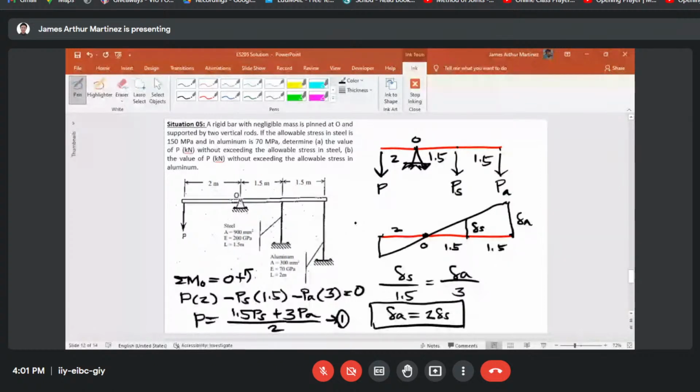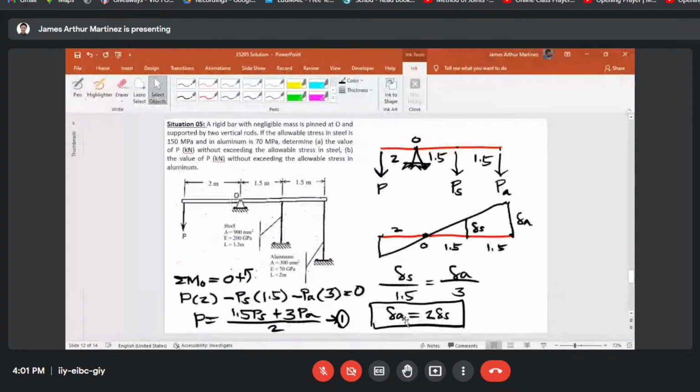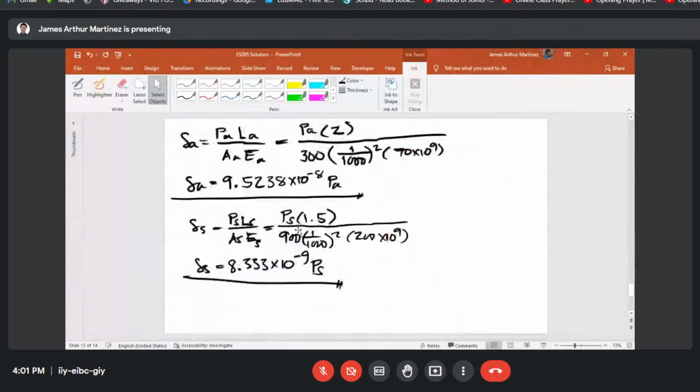So to do that, we have deformation of A is equal to 2 times the deformation of S. So the deformation of aluminum, 9.5238 times 10 to the power of negative 8 PA, is equal now to 2 times the deformation of steel, 8.333 times 10 to the power of negative 9 PS.